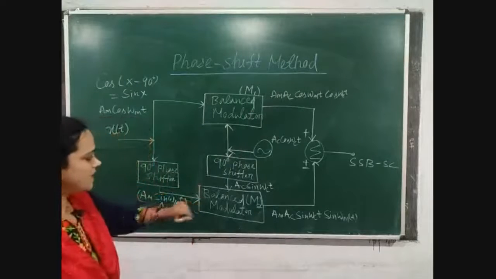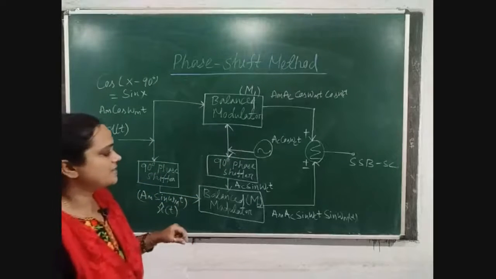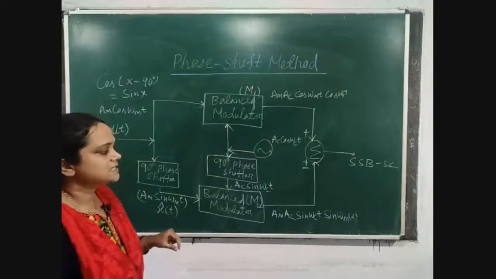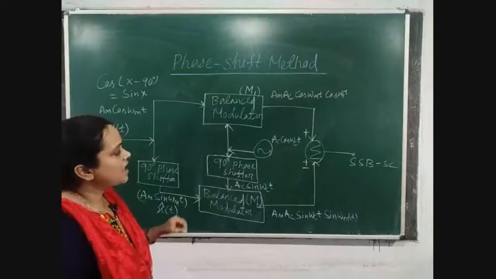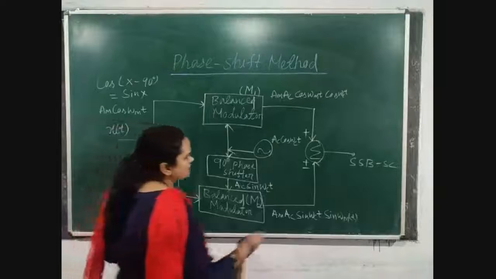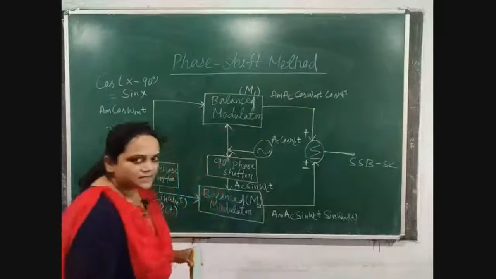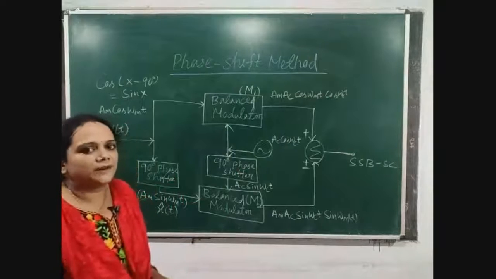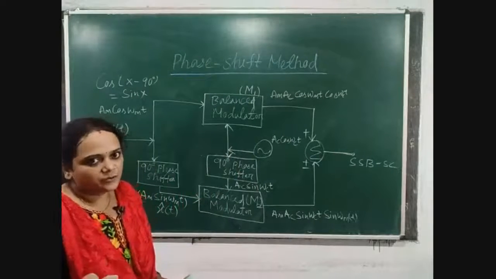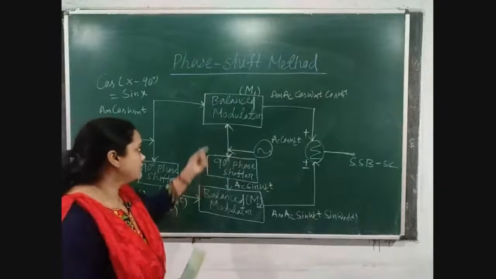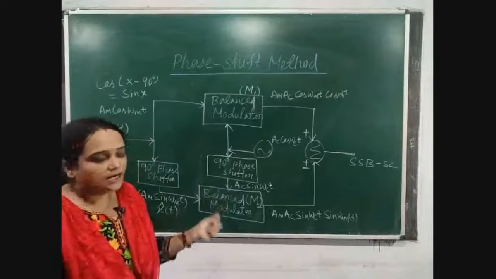The output of balanced modulator M2 is Am Ac sin ωct sin ωmt. Here an adder is given, so as per requirement we add or subtract the outputs of the two balanced modulators, M1 and M2.